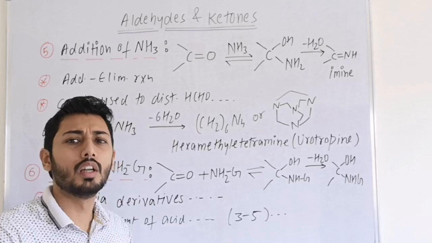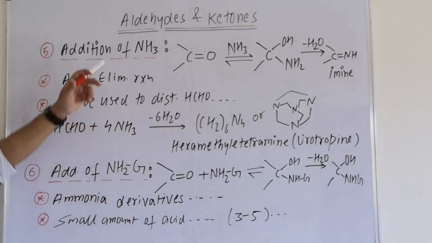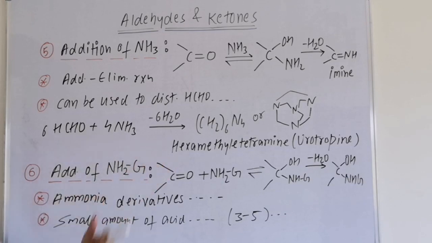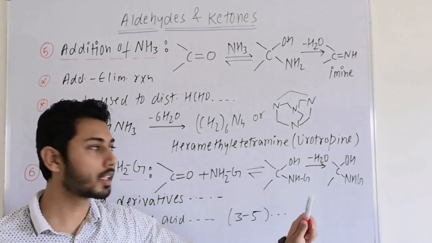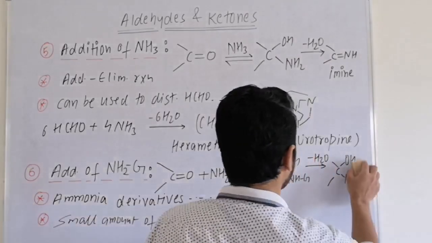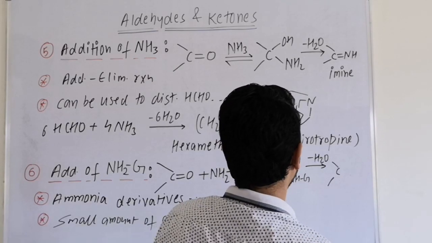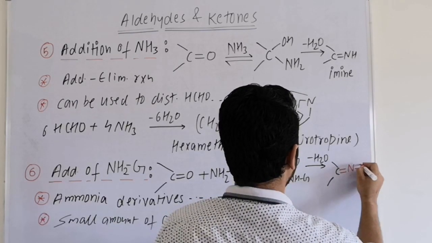So this is information. The next reaction is addition of ammonia derivatives. The group can be several possibilities, which we will do. The reaction is similar to the previous one: it will add, giving OH and NHG, elimination of water takes place, and it gives C double bond NG.